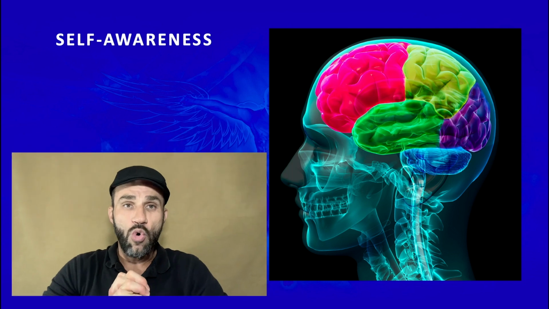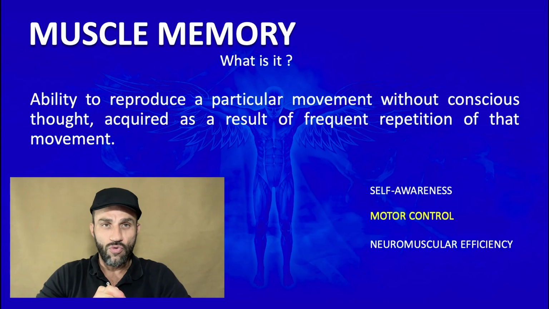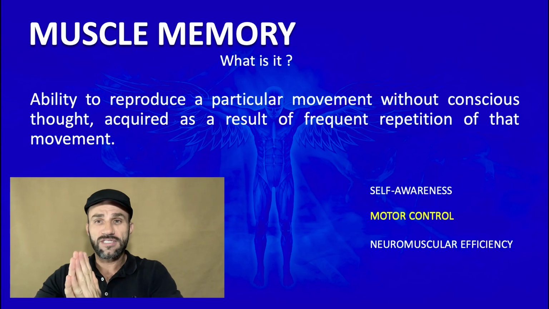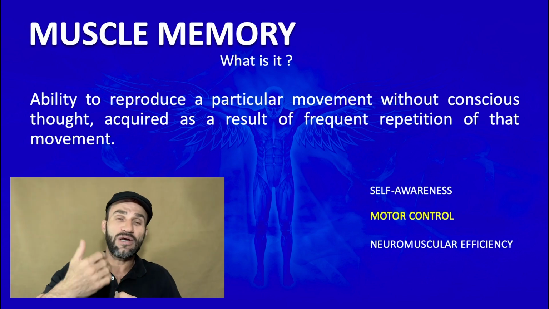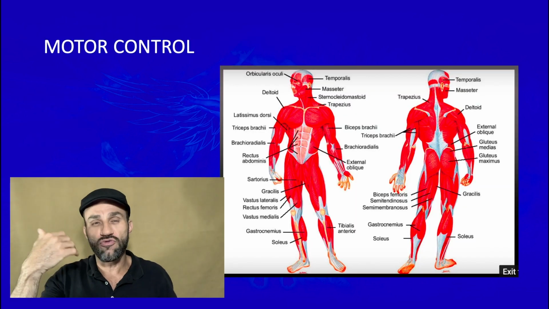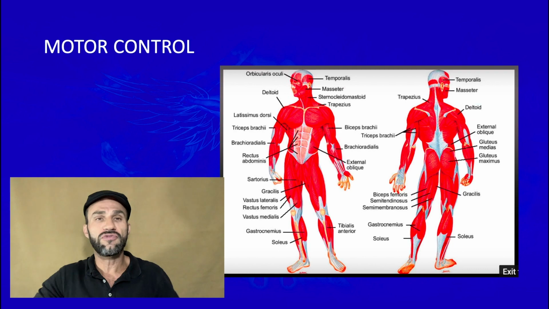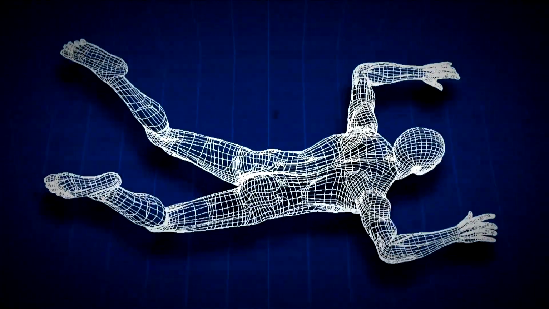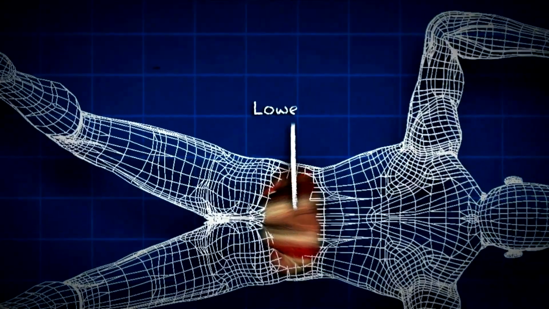Let's keep going. Now let's talk a little bit more about motor control. First, I'm self-aware that I want to do a movement, to perform a transition, to fly in a desired body flight orientation or towards a direction.